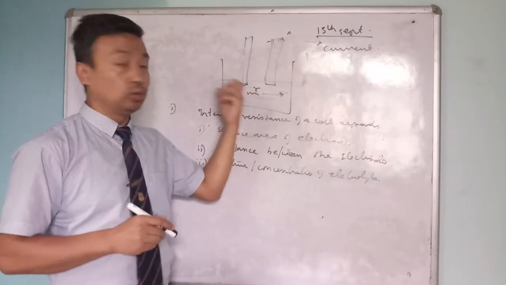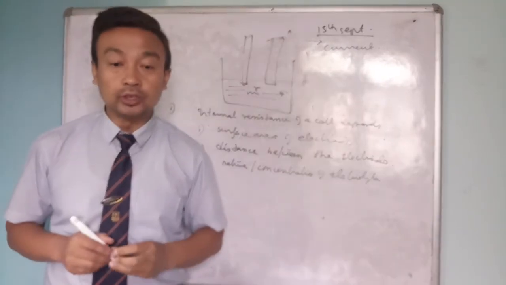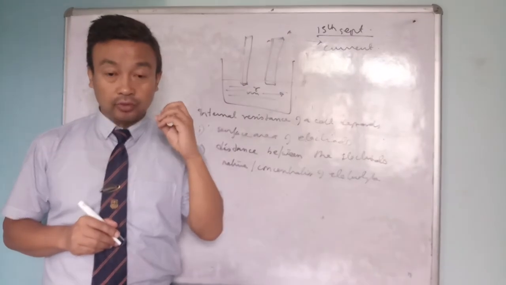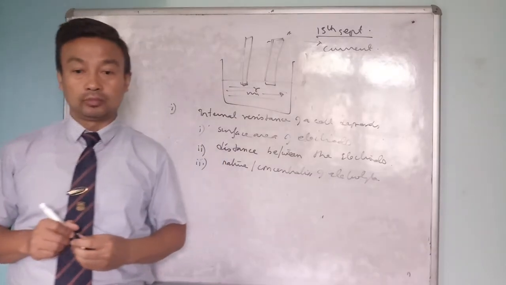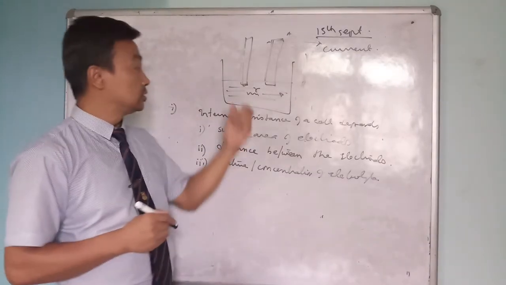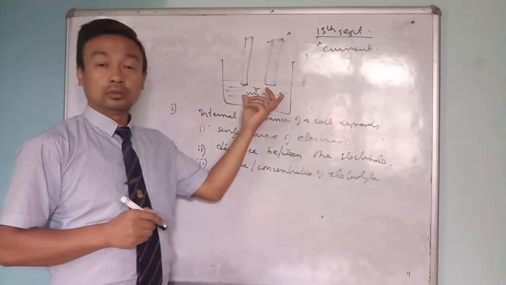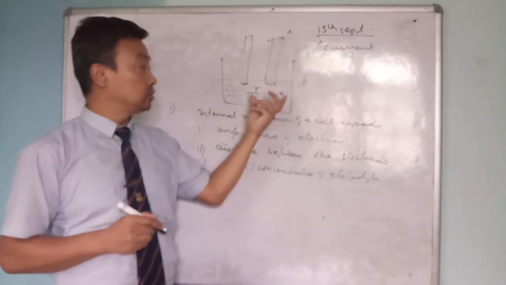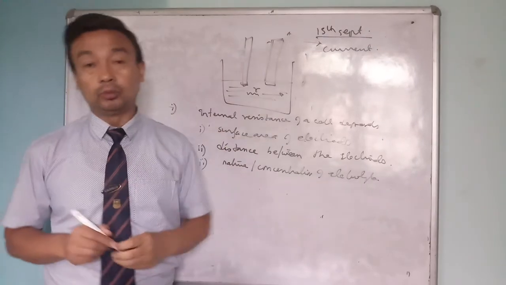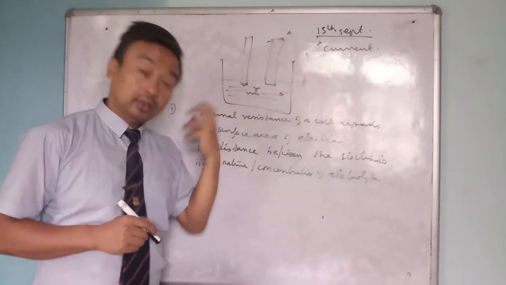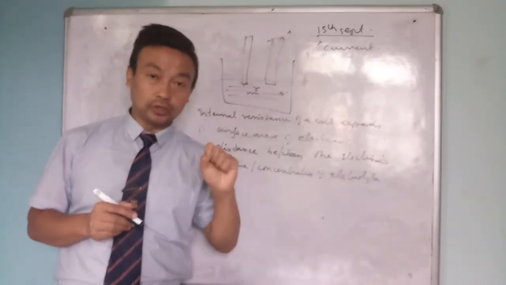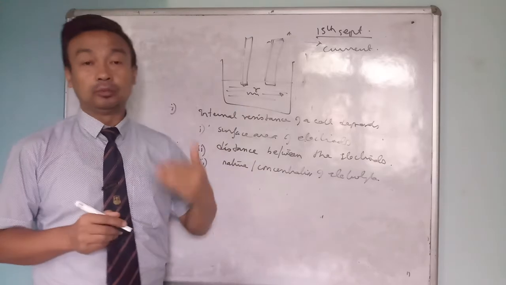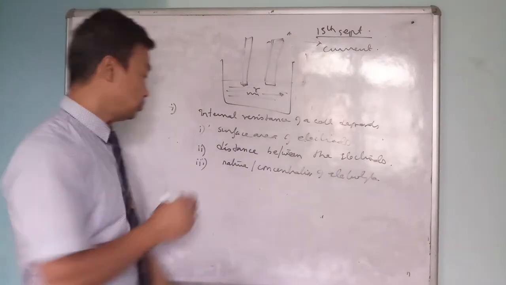If it is more concentrated, then the internal resistance will be less. Greater the concentration of the electrolyte, lesser will be the internal resistance. Lesser the concentration, it is diluted, and it will have more resistance.